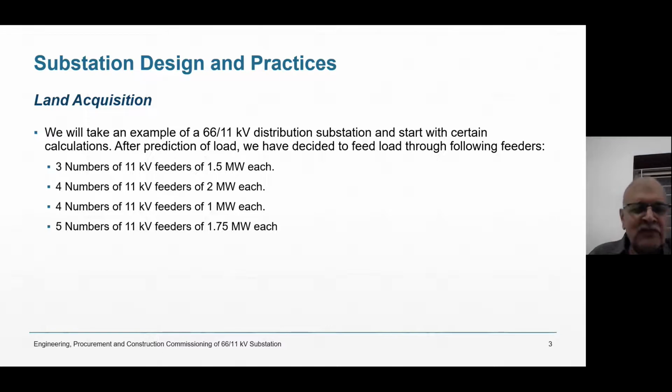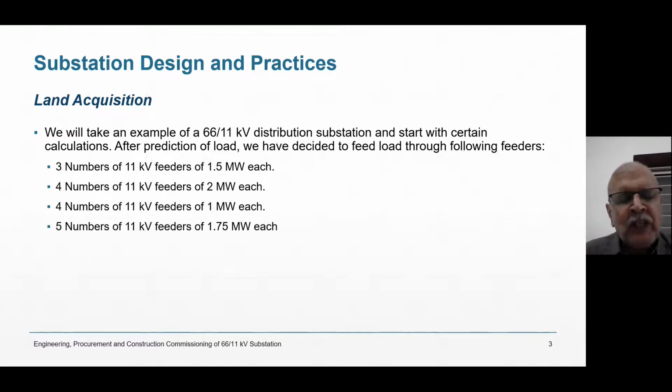So we start with the understanding that we have predicted the load, and on the 66 by 11 kV substation, the 11 kV feeders will go out. We are assuming that we have predicted 3 numbers of 11 kV feeders of 1.5 megawatt each, 4 numbers of 2 megawatt each, 4 numbers of 1 megawatt each, and 5 numbers of 1.75 megawatt each.